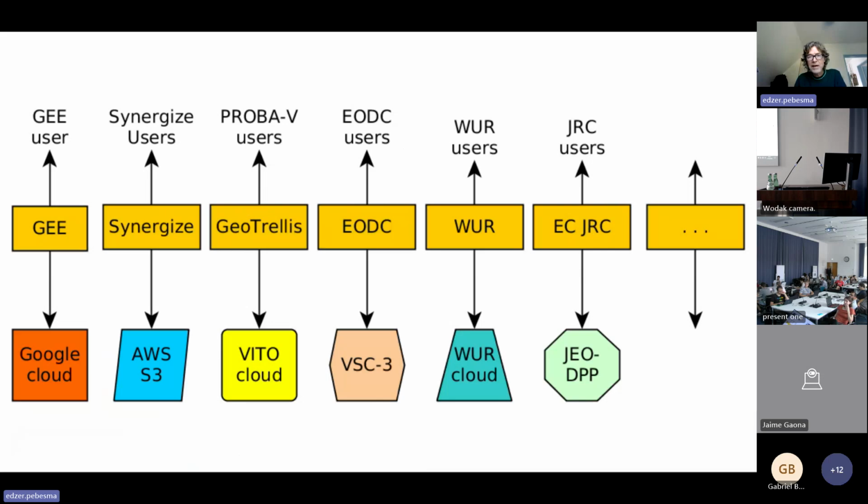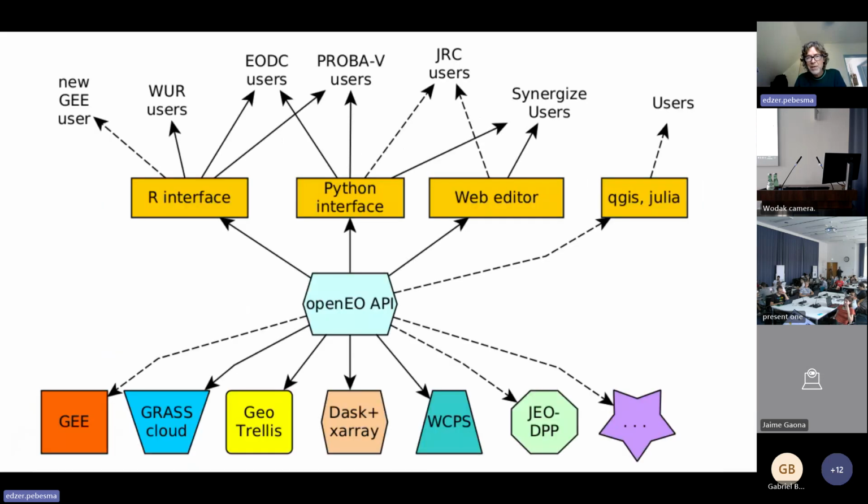So then the idea came up to centralize that, and basically to say, well, essentially all these backends do pretty much the same thing, or at least they have a lot in common, and maybe all these commonalities we can describe, we can formalize through processes that we give a certain name, and for which we give certain parameters, and have it work.